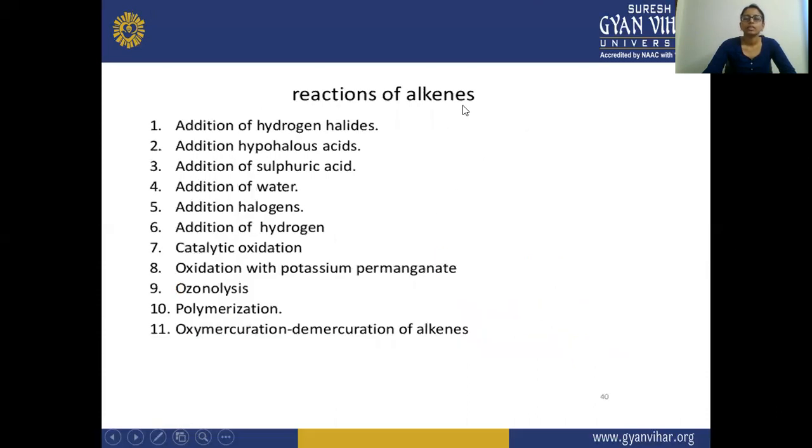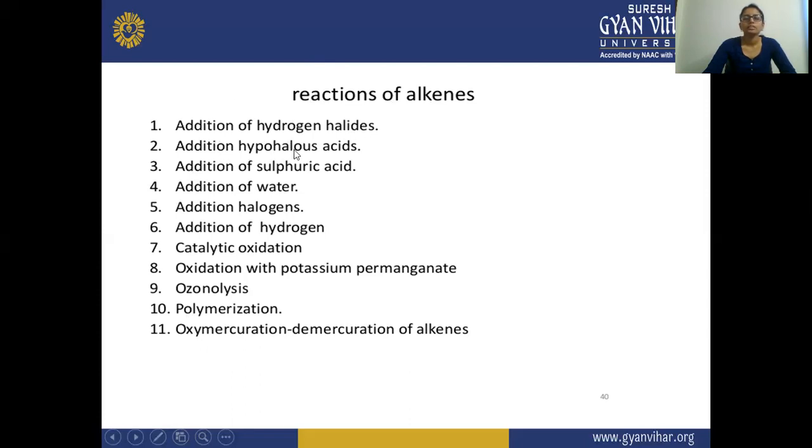Now the reactions of alkenes. These are some chemical reactions of alkene, in which new products are formed from the alkene. There are 11 types. First is the addition of hydrogen halide, meaning we add hydrogen halides to the alkene.